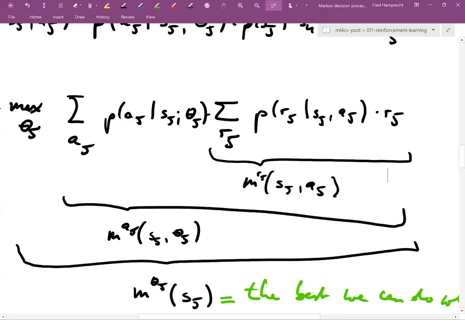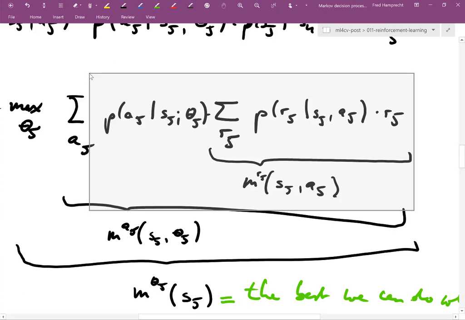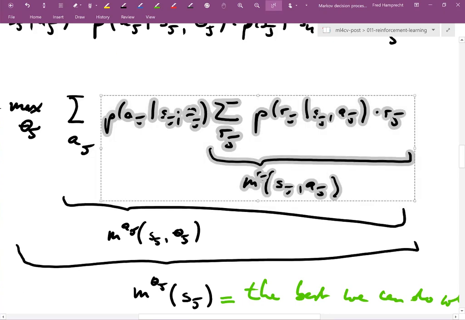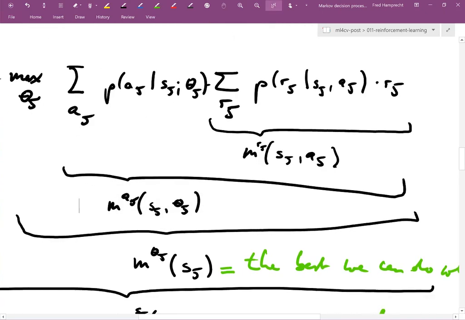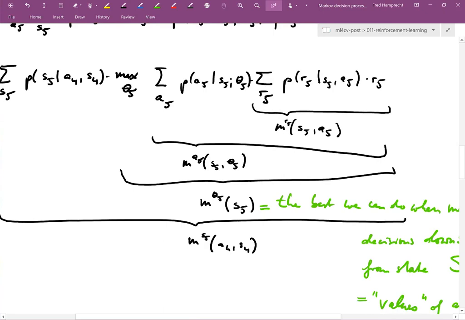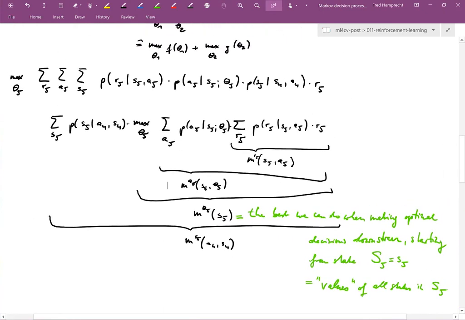Okay, now this message, together with this probability of A5 and S5 on the top left, is something that depends on A5, which I can integrate out. And then I obtain this message here depending only on the state 5 and on the parameters theta 5 of the optimal action at state 5. And then I take the maximization and so on. Yeah, so these are messages.